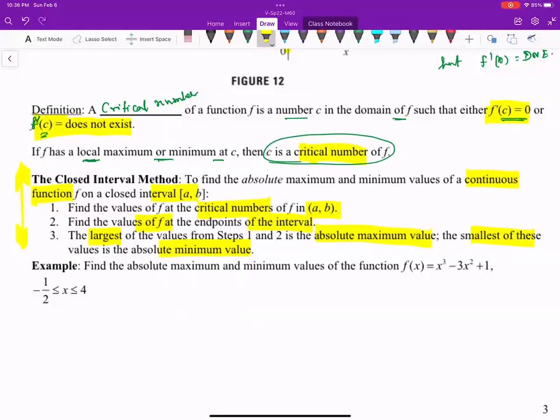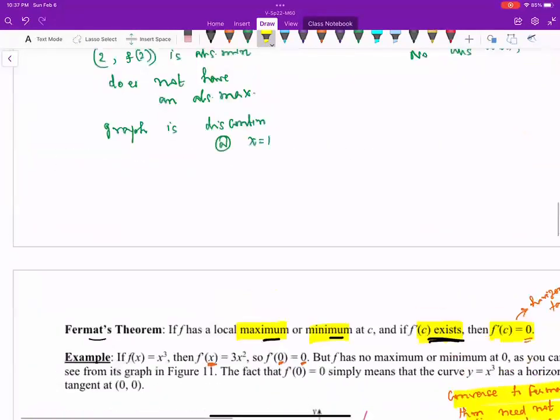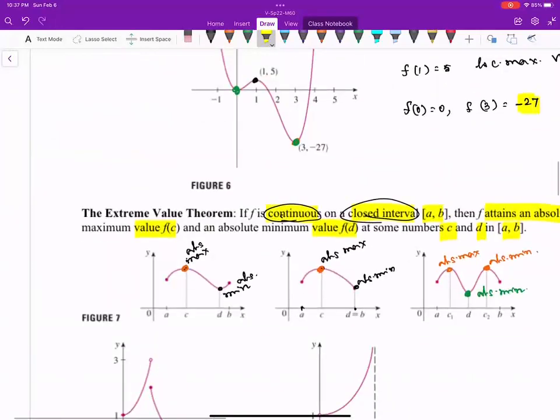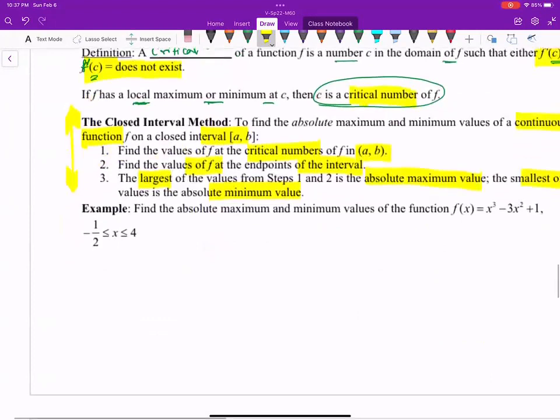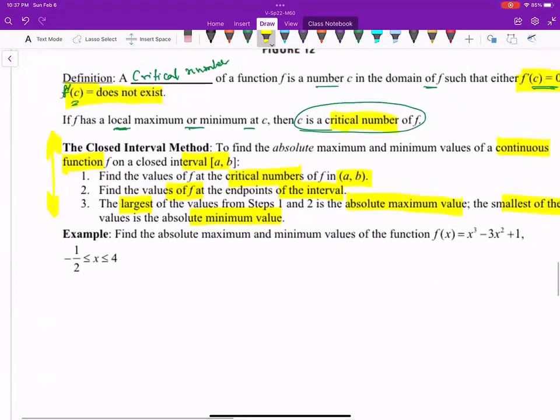This is known as the closed interval method because a continuous function on a closed interval is guaranteed to have an absolute maximum and an absolute minimum. That's what we saw in the extreme value theorem, right? So how to find those extreme values, absolute maximum and minimum, is what this method is telling us.